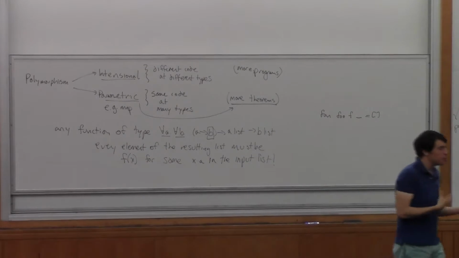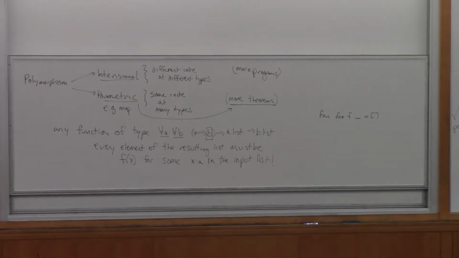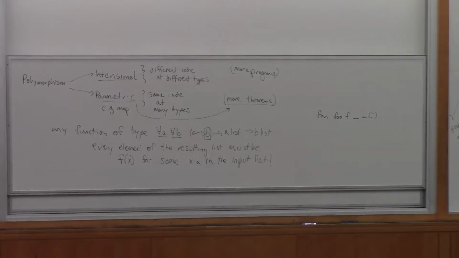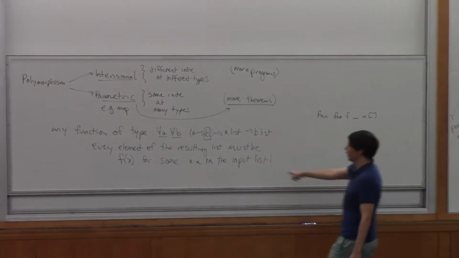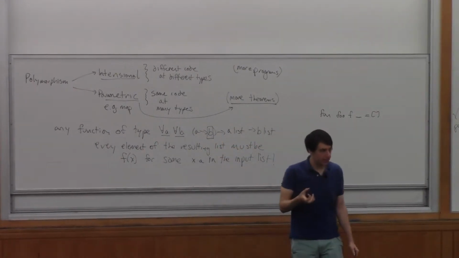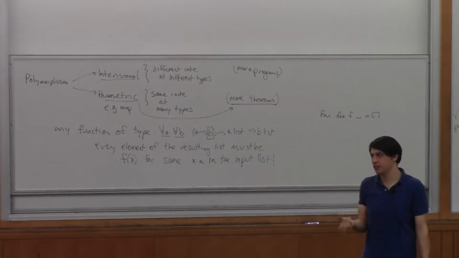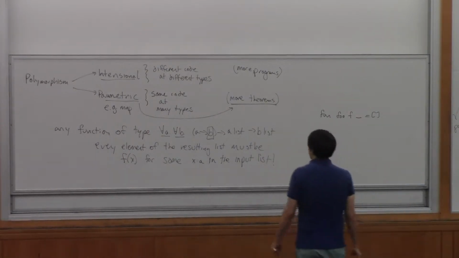Why? Well, if it's going to be the same code at all types, then it has to make B's from knowing only that you can make a B from an A. Where can it possibly get an A from? Well, A is a type variable. If it's going to work parametrically uniformly in A, then all it can possibly do is grab an A from the list and kick out something there.